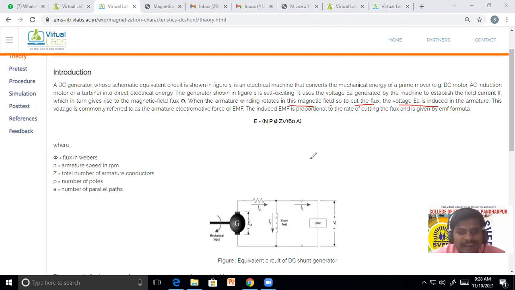Faraday's law of electromagnetic induction: when the conductor cuts the magnetic lines of force or the magnetic flux, then EMF is induced in it. EMF काय होते? Induced. Okay.